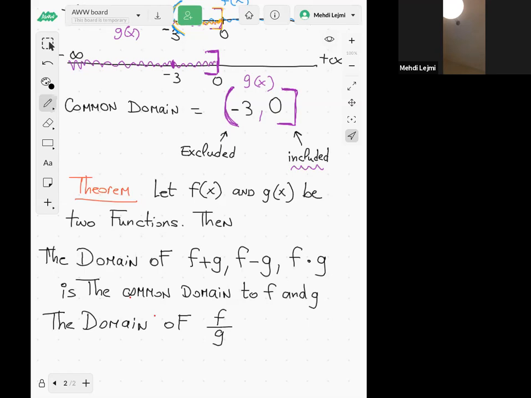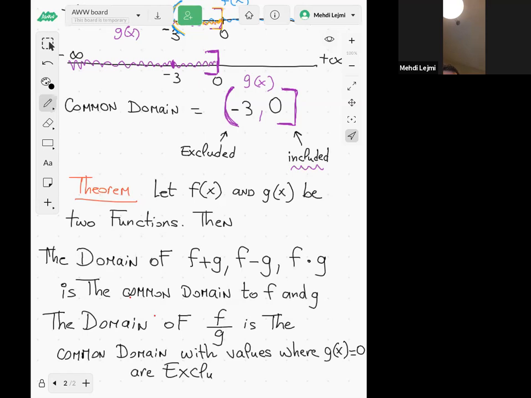So it's the common domain with the values where g of x equal to 0 excluded.